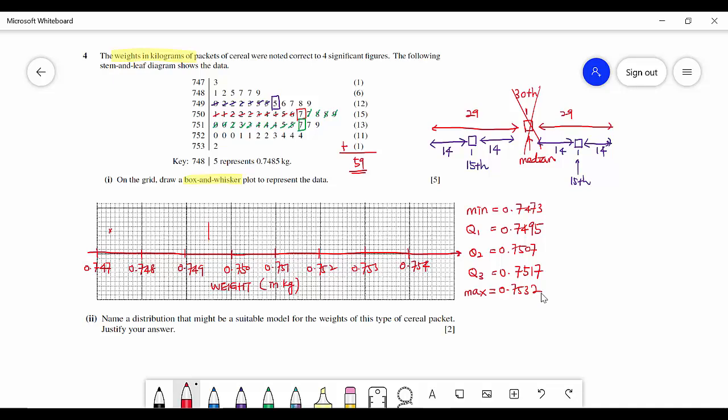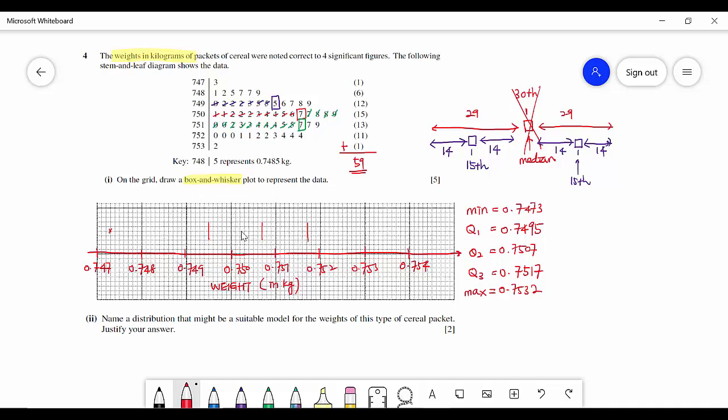Okay, 7507 will be here. Okay, then 7517 should be around here. Okay, so this is Q1, Q2, Q3, the three lines here, Q1, Q2, and Q3.